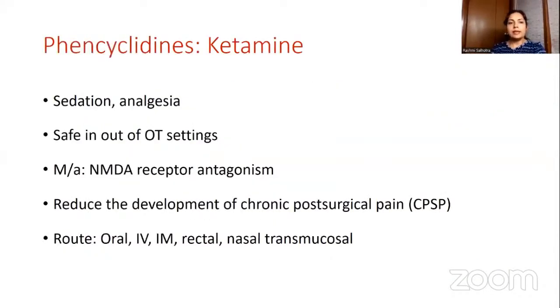Another class of drugs is the phencyclidines, including ketamine. They produce sedation and analgesia, and since the reflexes are not altered much, it is safe in out of OT settings. Mechanism is by NMDA receptor antagonism, and a very important advantage is that it reduces the development of chronic post-surgical pain.